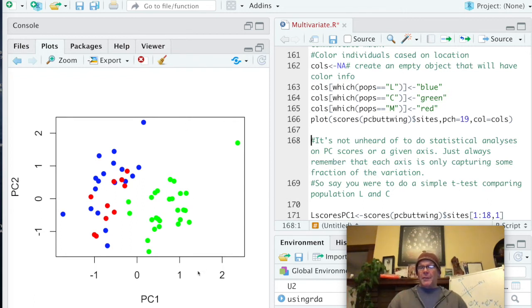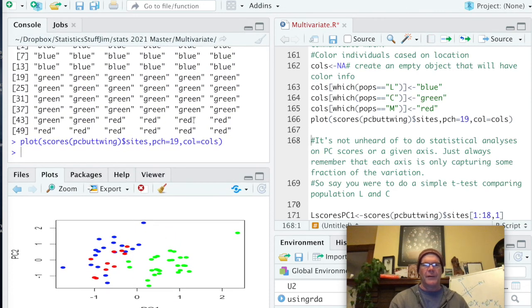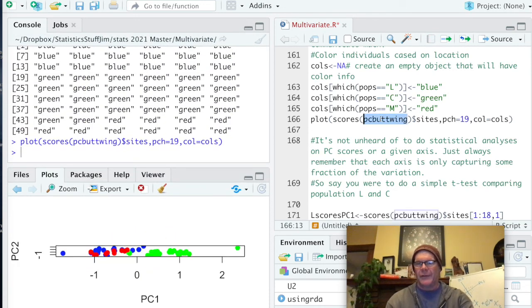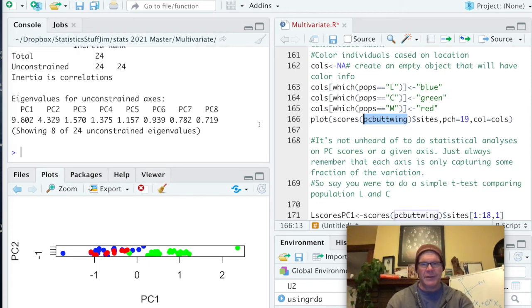But now we can also remind ourselves, what axis are they different on? Well, they're different on PC1, right? I mean, clearly, if this is PC1 here, green is all over on this side, and the blue and reds are all over on this side. And then we can remind ourselves, because I have to remind myself right now, how much variation is being explained by that again? Was it 40%?